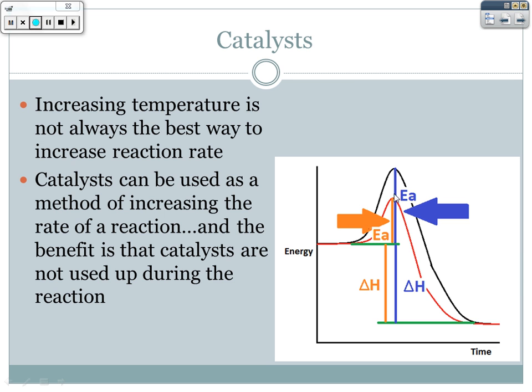And so more collisions are going to go over this slope and become products than going over this slope. You'll notice though that the delta H is still the same. So we're not actually changing the reaction, we're just providing a lower alternate energy path for the reactants to take in order to become products.